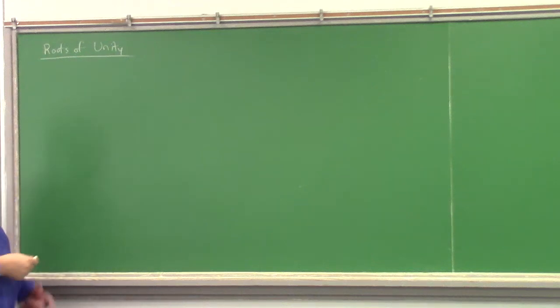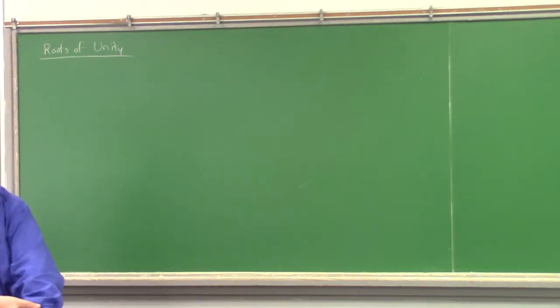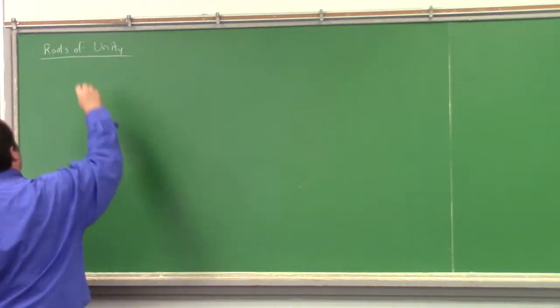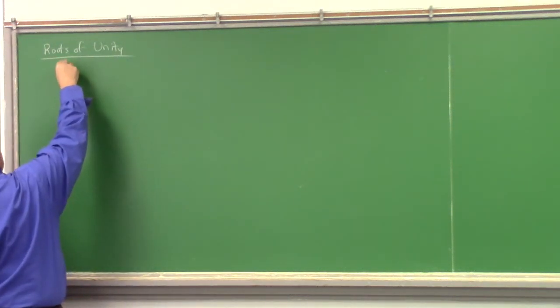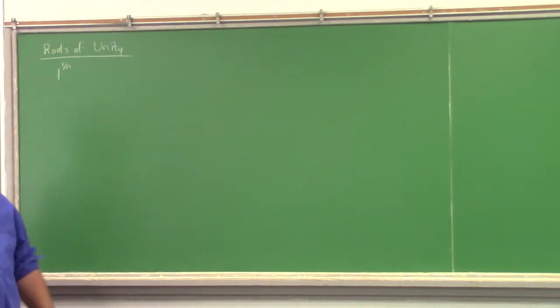So the roots of unity, well, here's the notation. Like last time, I introduced this notation, 1 to the 1 over n. And what that is in the complex setting is actually a set of values.